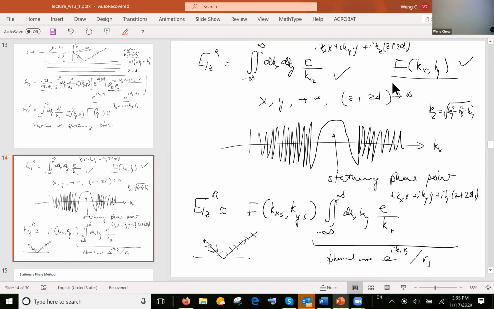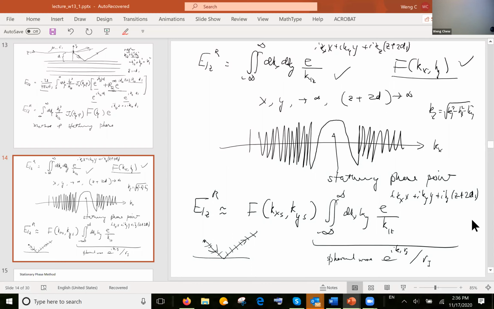So when x and y tend to infinity, the stationary phase point is a point that will contribute to the integral. I just have to integrate around that stationary phase point, approximate around it, take this thing outside, and then integrate in closed form. You will see more of this in your homework. I will give a homework where you have to find the stationary phase point.